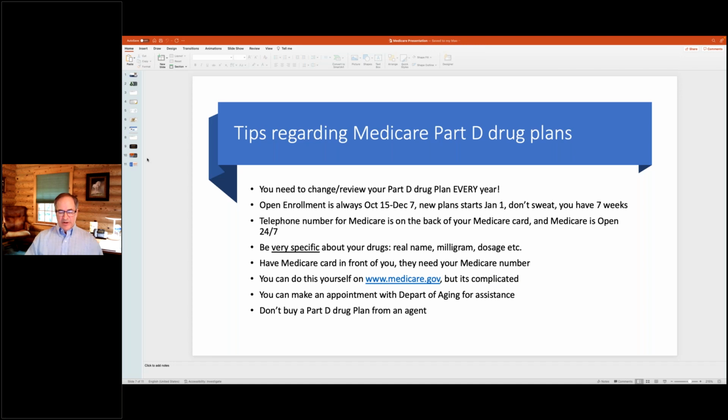Now we have a situation where, because of the latest bill, the Democrats are trying to get the ability to negotiate the cost of prescription drug plans. On this new Inflation Reduction Act, it works like this.